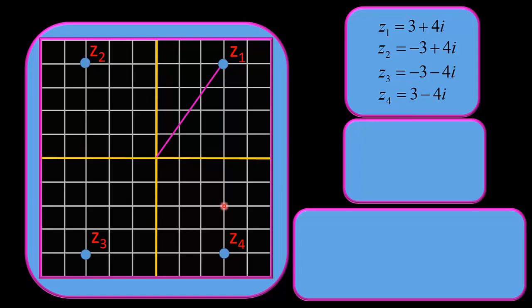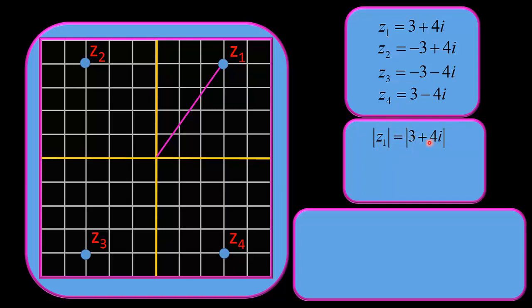Now, let's think of this distance from the origin up to this z1. We'll just look at this as an example here. We go from the origin to z1. That's a distance here. Now we've calculated this before with vectors. We're going to call this distance the modulus. And here's how we'll write it: we'll have an absolute value symbol, put z1 in there, and we have the absolute value.